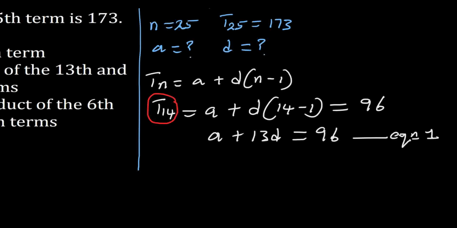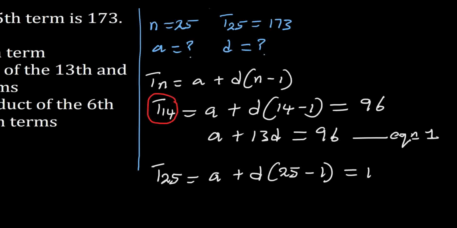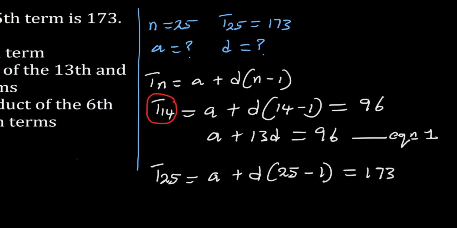Also, the 25th term is equal to a plus the common difference times 25 minus 1, is equal to 173.